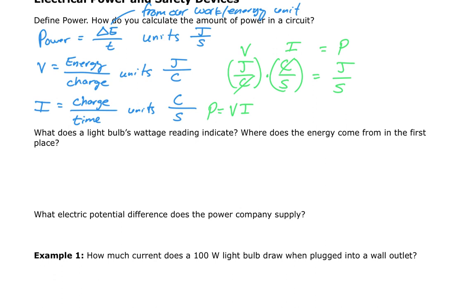Now, something else that we know from this unit is voltage is just current times resistance. So I could plug in I times R for this V, and I would see that power is also equal to I times R times I, which is just I squared times R. Something else I could do, because I know that voltage is current times resistance, is I could say, well, current is just electric potential divided by resistance.